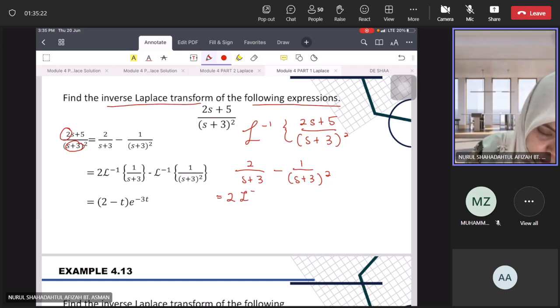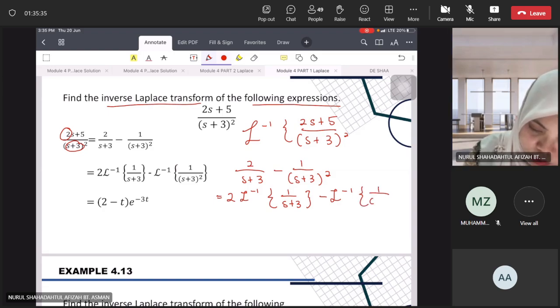Now plus negative 1, 1 over s plus 3 minus, plus negative 1, s plus 3.